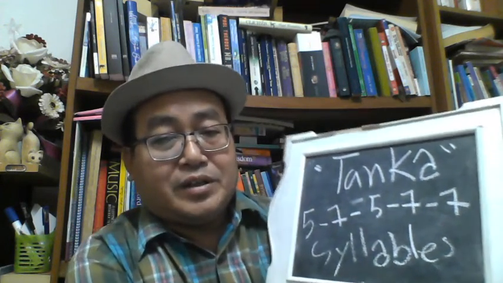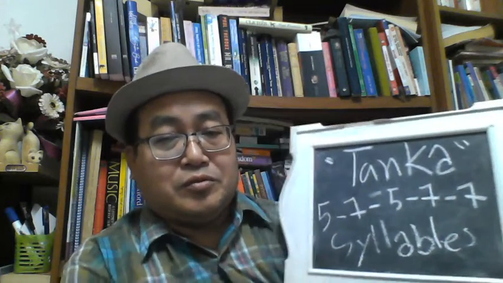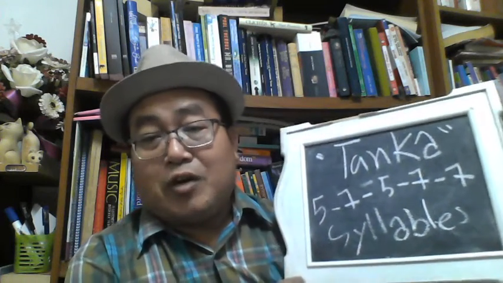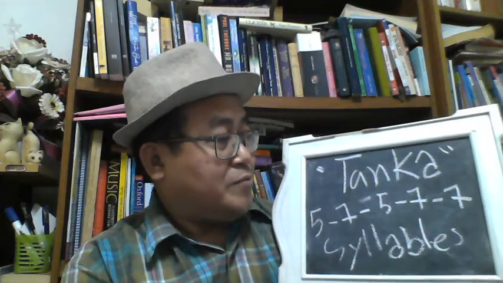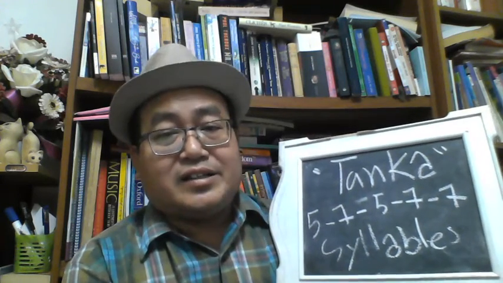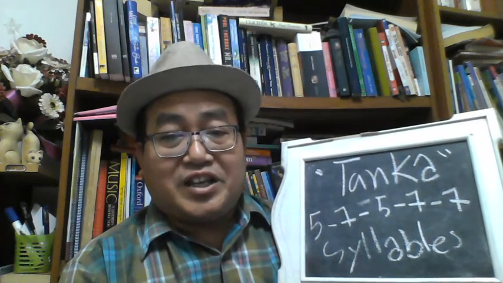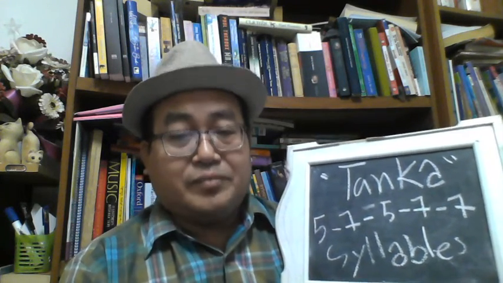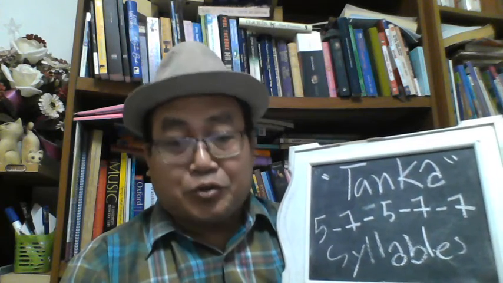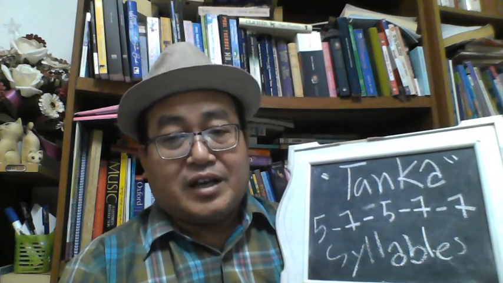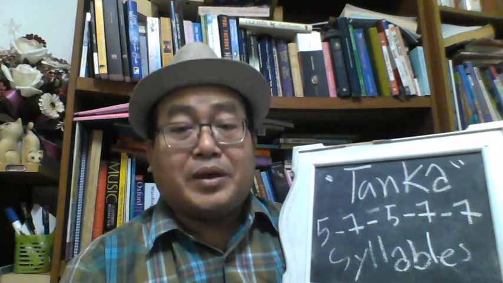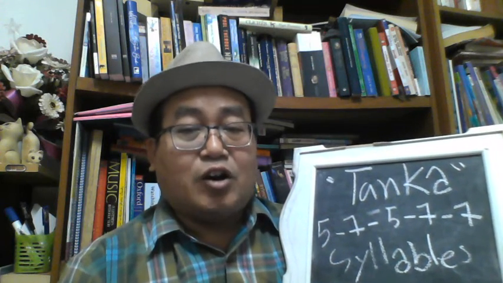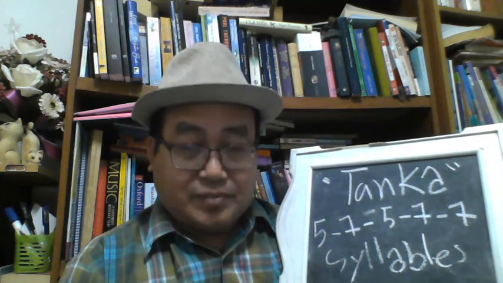And for those of you who have watched my previous videos, you will remember that there is another Japanese poetic form by the name of haiku. A haiku is another form of syllabic poem. It has altogether 17 syllables.